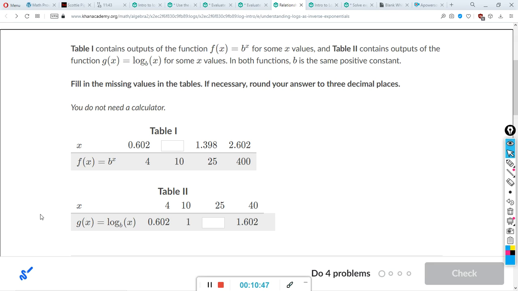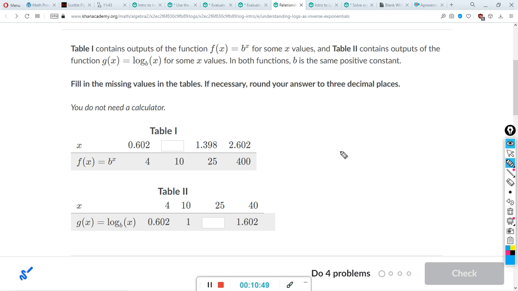Okay, so this row right here is the x row, and this row right here is the y. They called it f of x, but it's just y equals b to the x, same thing. This is x up here, and this is y equals b to the x.